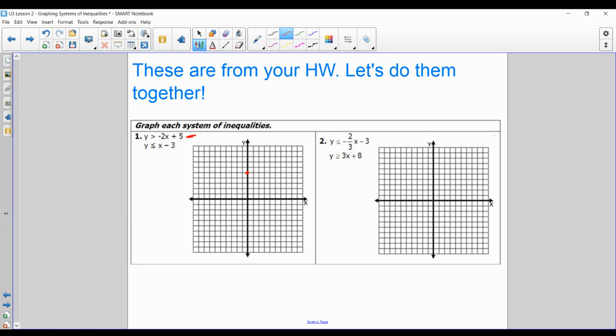My slope is -2, so I'm going down 2 over 1. I look at the inequality sign. It is going to be dashed. And it is greater than, so I'm shading everything above.